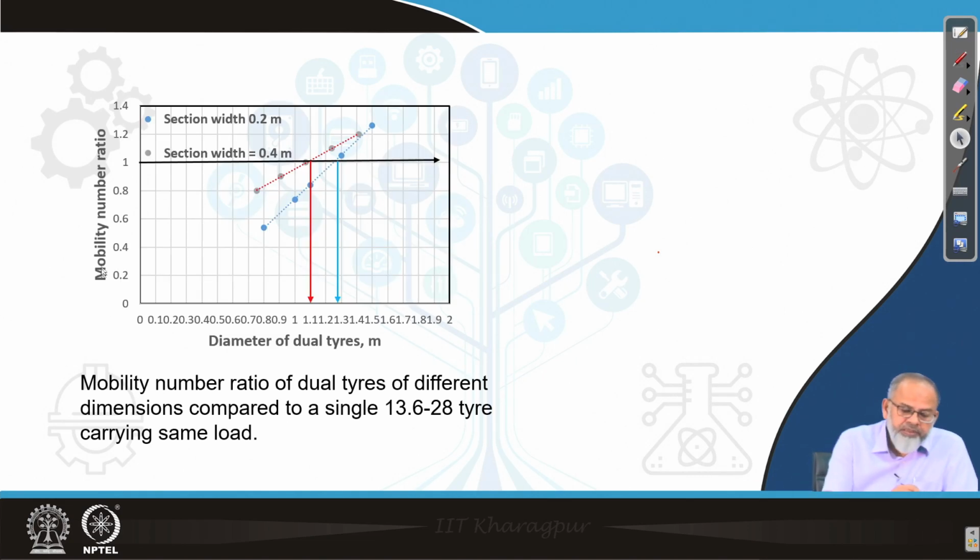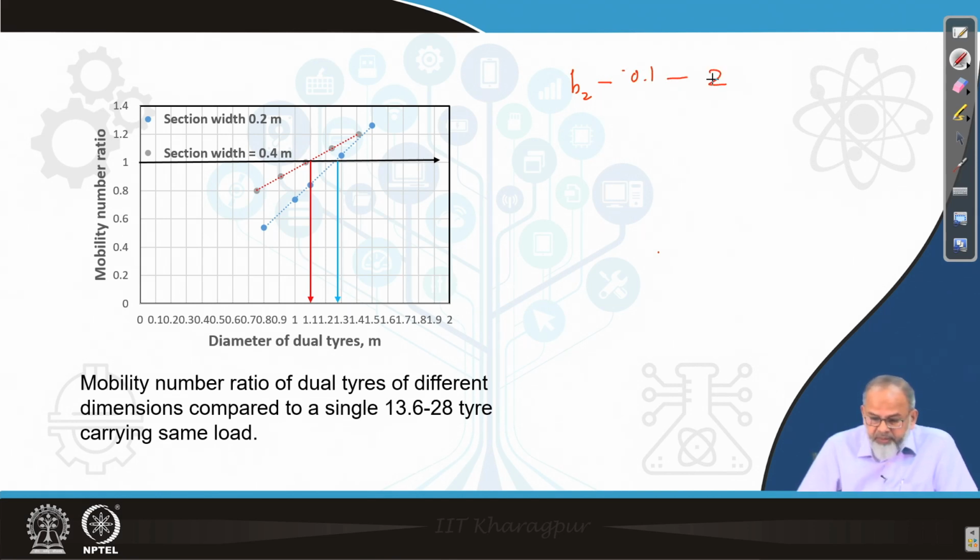Now I have taken the mobility number ratio on the y axis, then I varied the diameter of dual tires, that means the D2 value. I varied from 0.1 to 2, which is a good number. These are in meters.